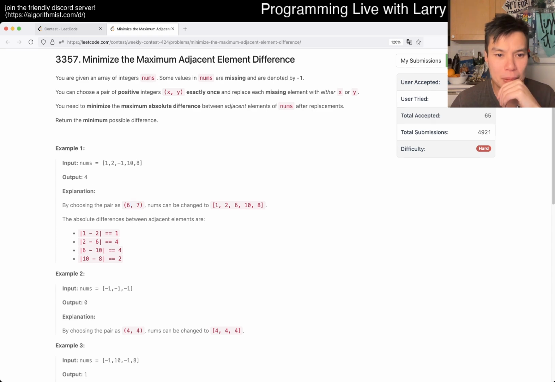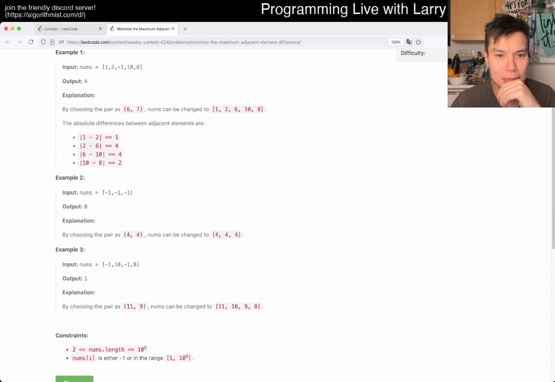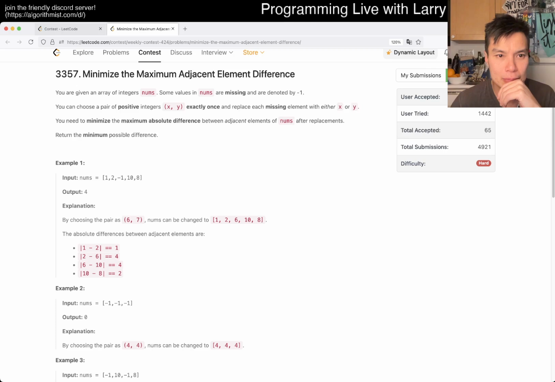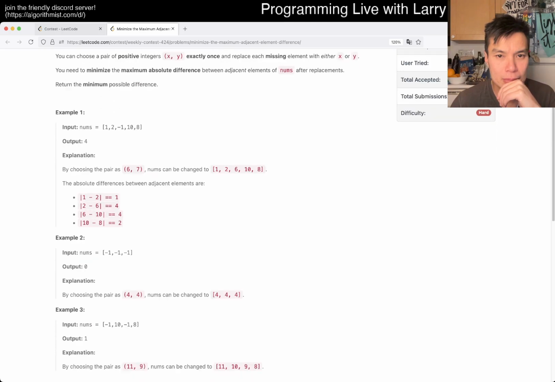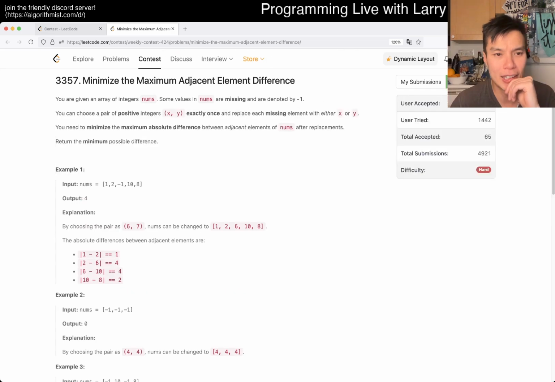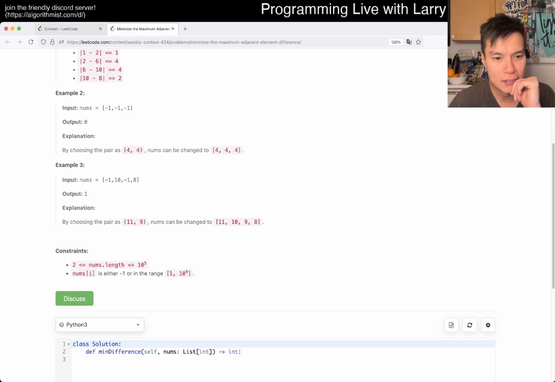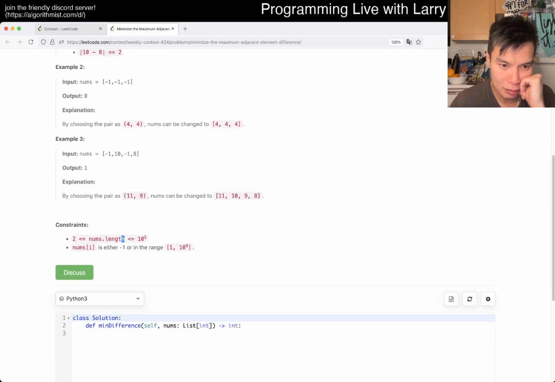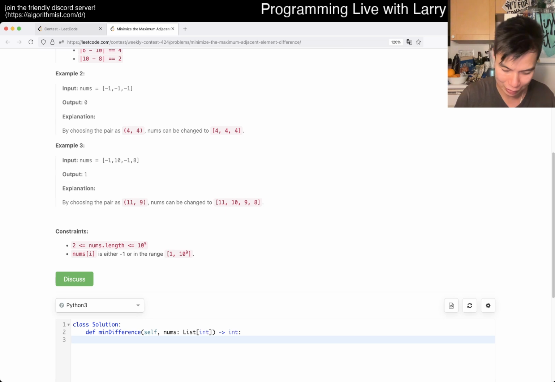This is such a poor problem. I see, okay. Actually, no, it's not a pair for each -1. It's one set of numbers, and then we could choose that to be 1, 2. Okay. Nums can be up to 10 to the 9, so that's pretty big.